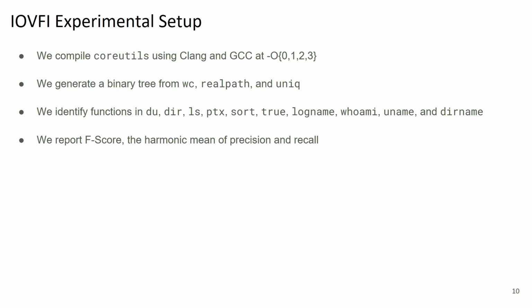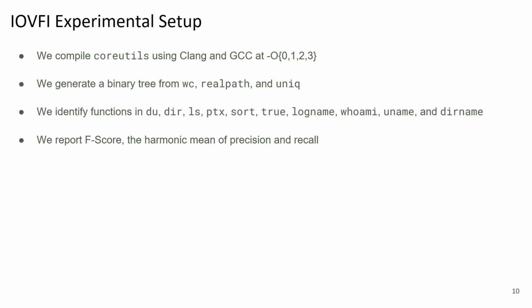In order to evaluate the effectiveness of IOVFI, we compiled coreutils using Clang and GCC at 4 different levels of optimization. We then selected the 3 medium-sized binaries in coreutils as determined by the default compilation environment, and then used those trees to identify functions in the 5 largest and smallest binaries in coreutils.